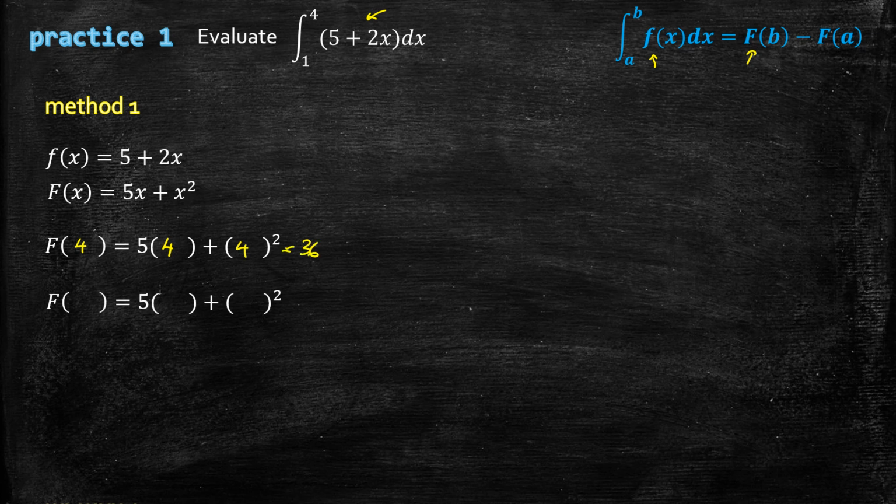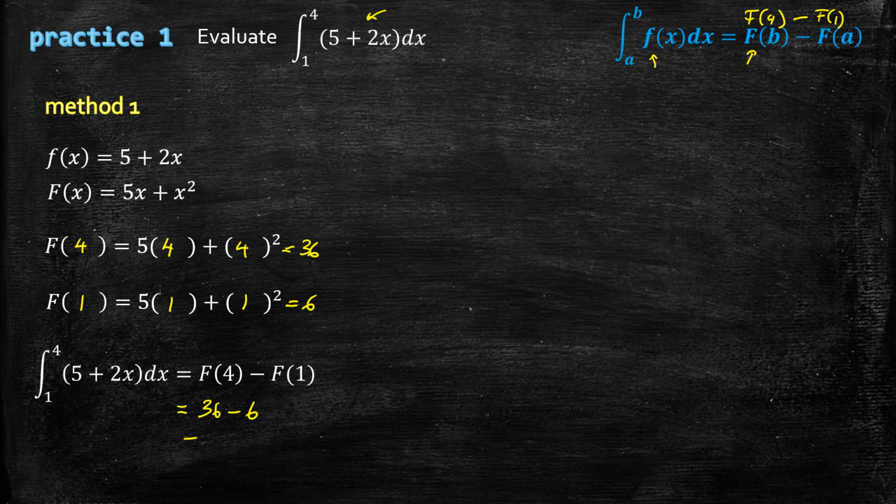If we plug 1 in, we get 6. Then according to the theorem, we just do F of 4 minus F of 1, which comes out to be 36 minus 6, which is 30.